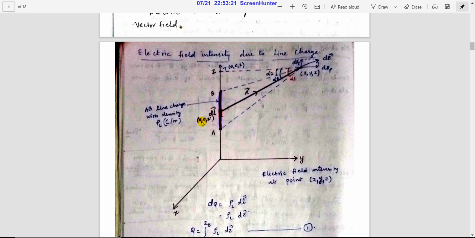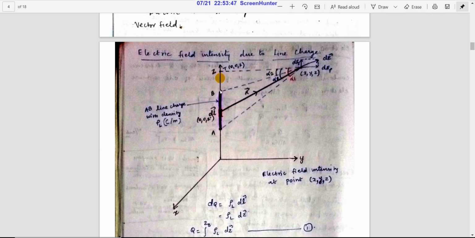This line charge is defined by a line segment called dl. This dl is situated at the point 0, 0, Z dash. We can define some parameters for this particular point.